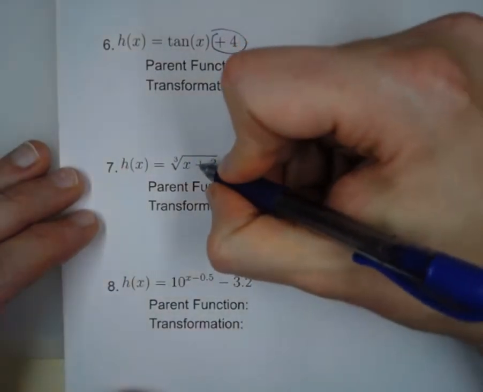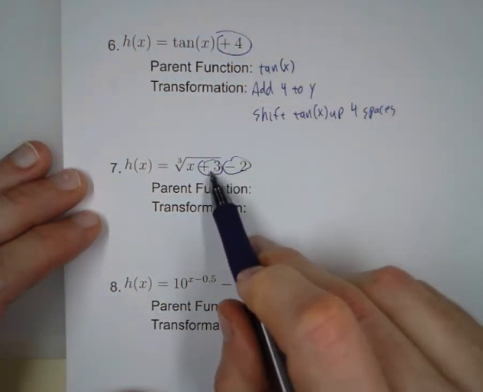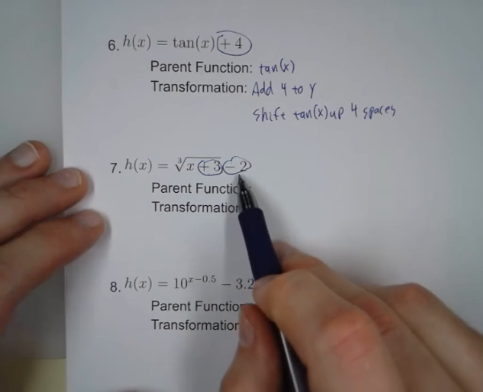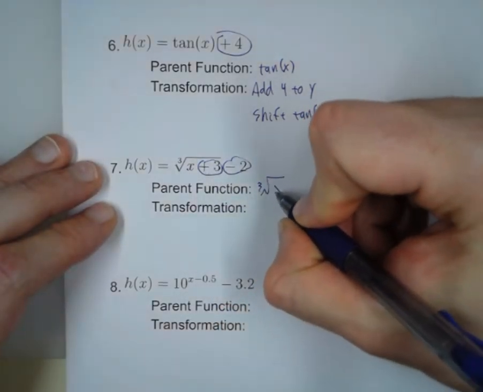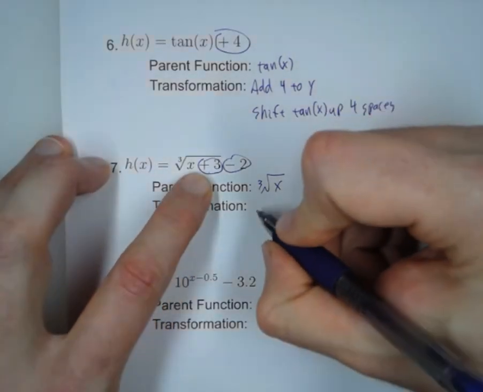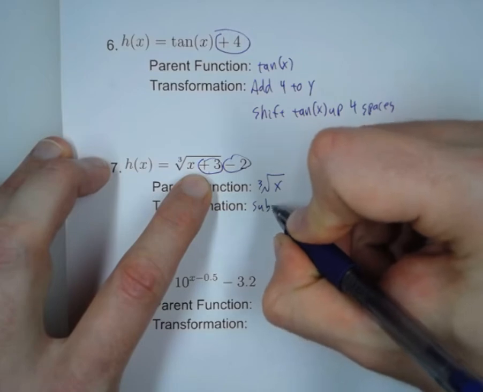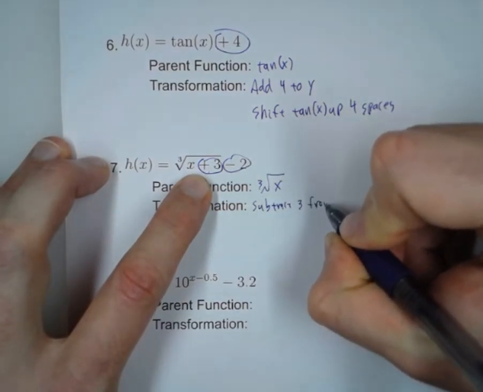Number 7, here I'm adding 3 and I'm subtracting 2. But the adding 3 I do before I take the cube root, and the minus 2 I do after I take the cube root. So the cube root of x is the parent function. The first transformation, when I add 3, that means I subtract 3 from x.